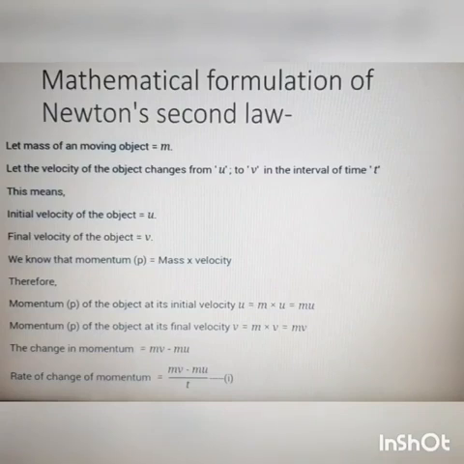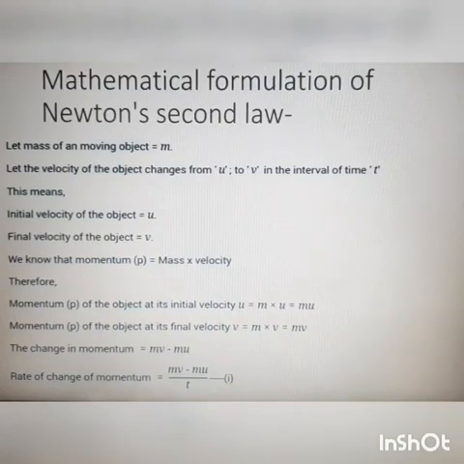So, the initial momentum of the body is mu and the final momentum of the body is mv. In order to find change in momentum, we need to subtract initial momentum from final momentum. That gives us mv minus mu.